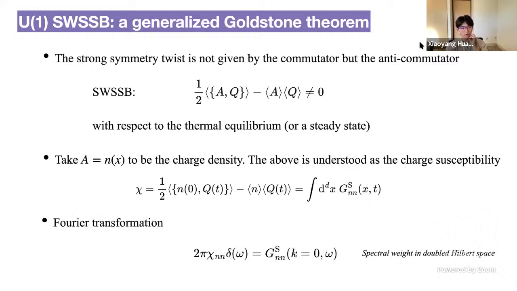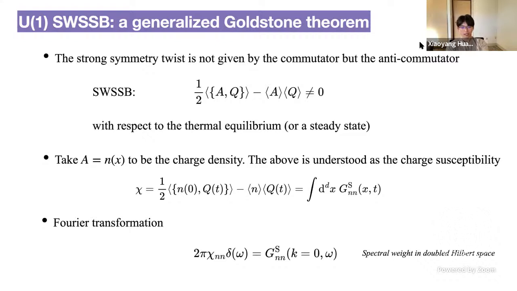If you do a Fourier transformation, you will see that the symmetric Green's function gets a peak at zero momentum and zero frequency, provided that your charge susceptibility is non-zero. I will later show you that this symmetric Green's function can be related to the spectral weight in the double Hilbert space using the fluctuation-dissipation theorem.